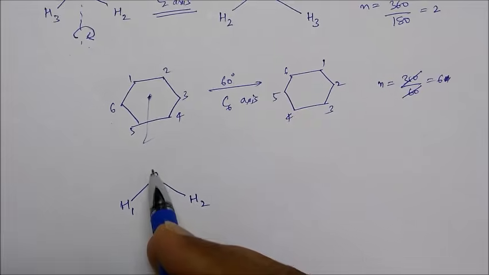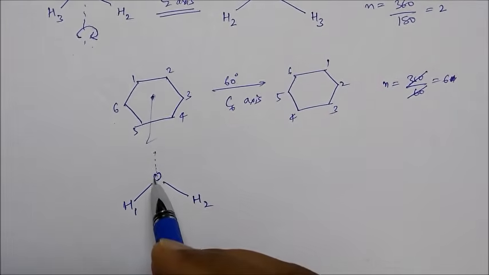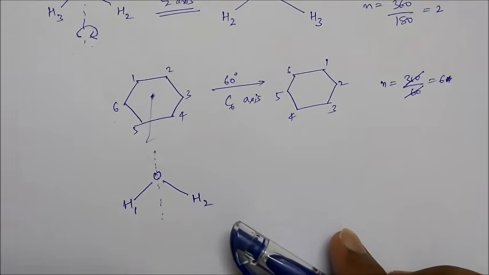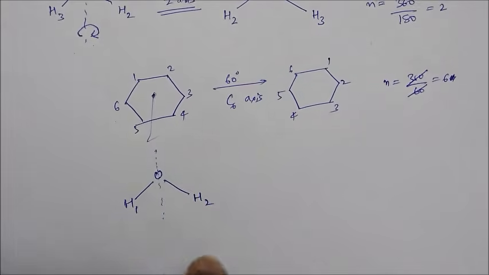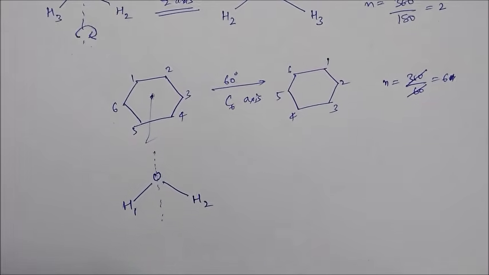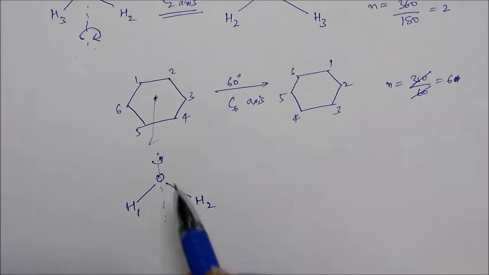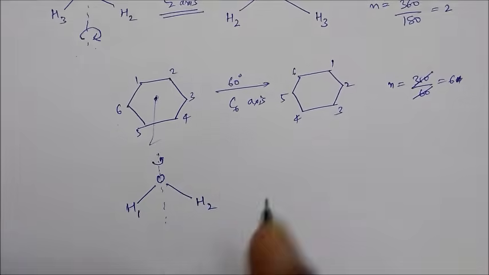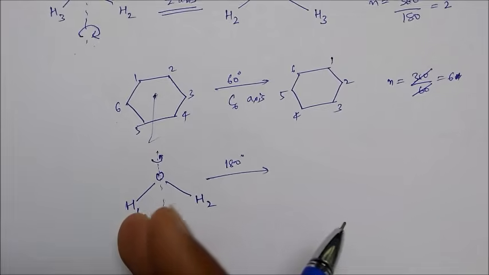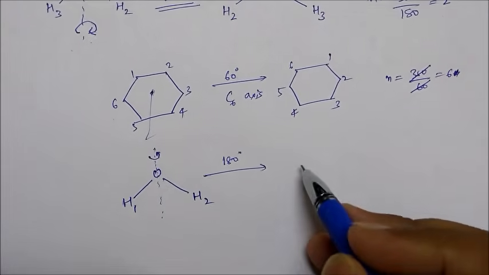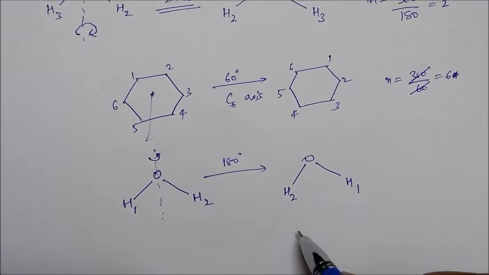If I pass an axis through this oxygen, and the molecule is V-shaped, like the alphabet V, and if you rotate it, it becomes an inverted V. So if I rotate this molecule about this axis by 180 degrees, these two hydrogens will flip and change their positions. So it will become like this, H2 will come here and H1 will come here.